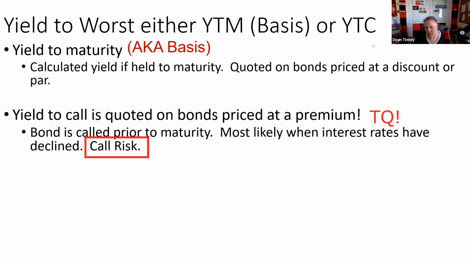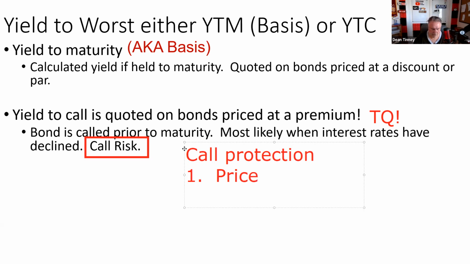Do you guys recall what call protection consists of? My Ford Motor Company debenture didn't have any call protection in terms of price because it was callable at par. But it did have call protection in terms of time. It wasn't callable for 5 years.